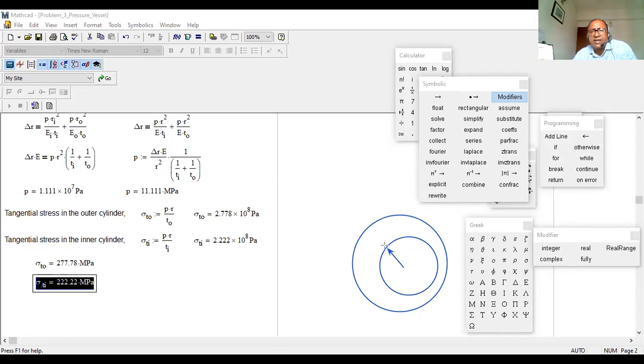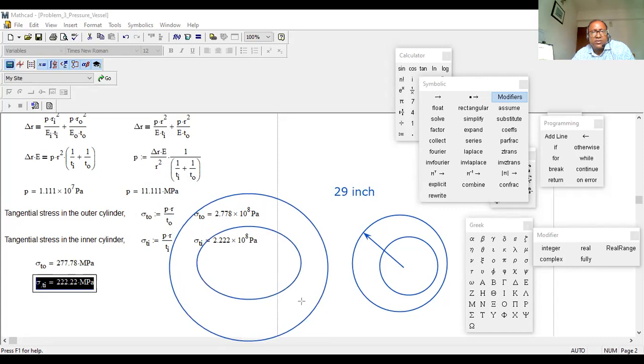It has a thickness, right? This is the outer diameter. Say, for example, its diameter is 29 inch, just for example. And this one you'd like to put in the outer cylinder. This is the outer cylinder. So if its inner radius is the same 29, then you can put it, right?